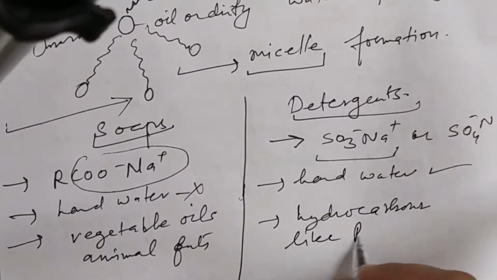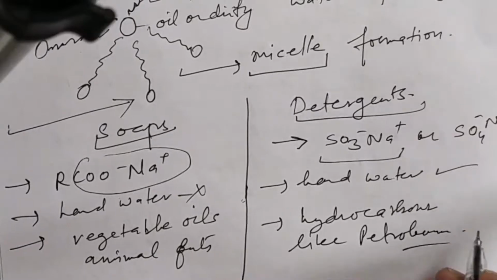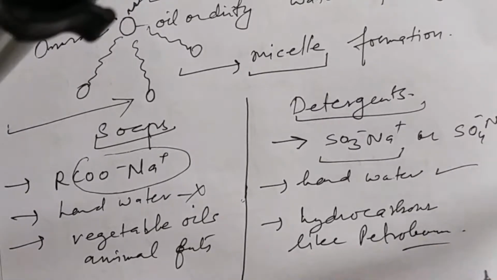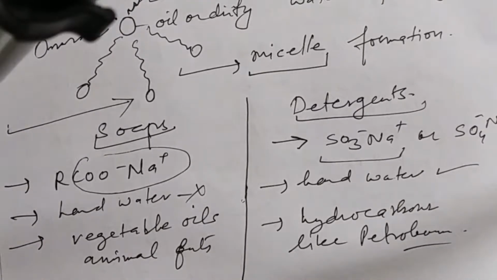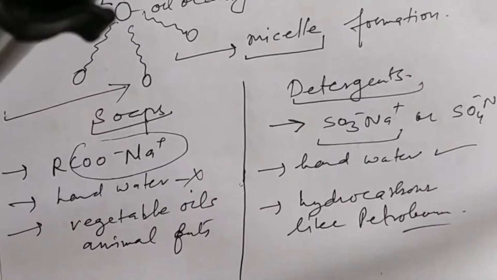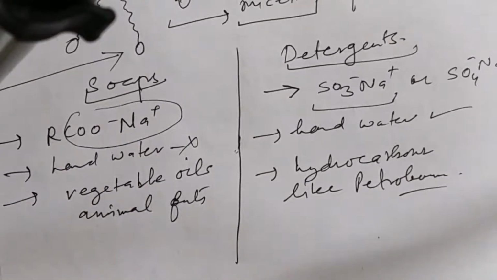This is also a natural source, but it takes a long time to form, almost millions of years. This is how synthetic detergents can be formed.